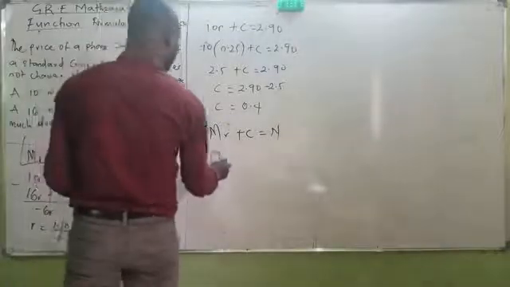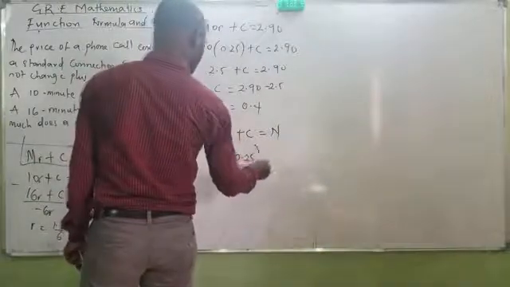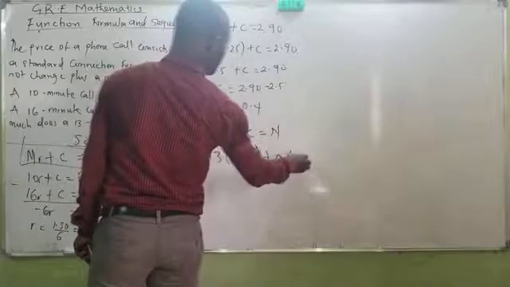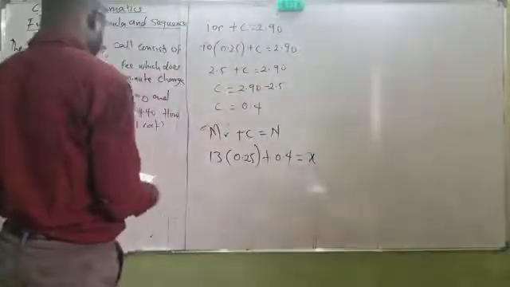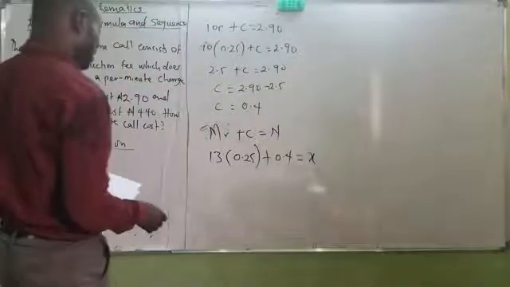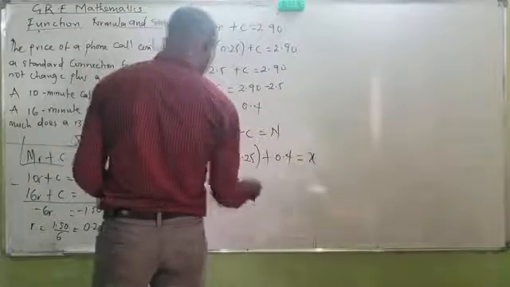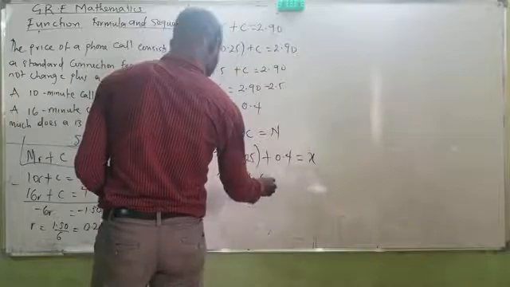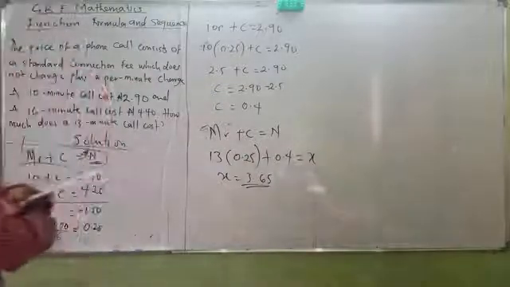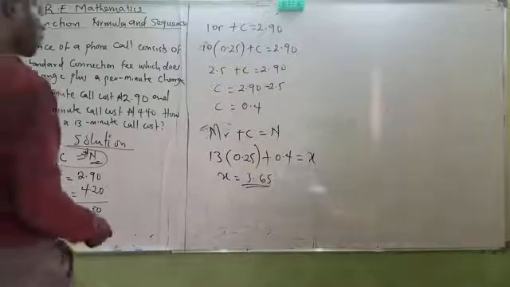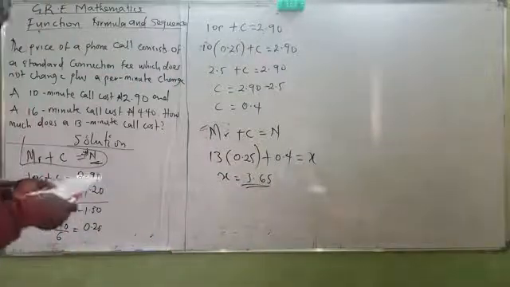It means 13 bracket of 0.25 plus 0.4 equals X. Now since I have this, my X equals 3.65. That is what it will cost. Please take note of that very well.